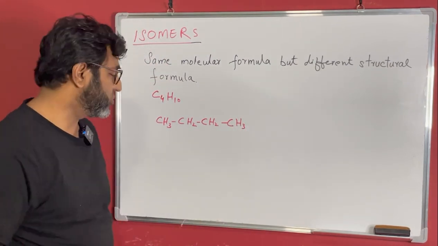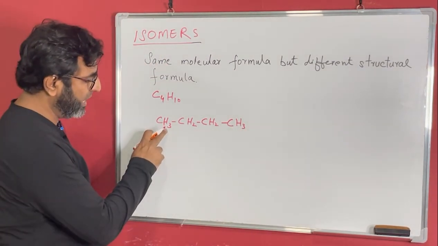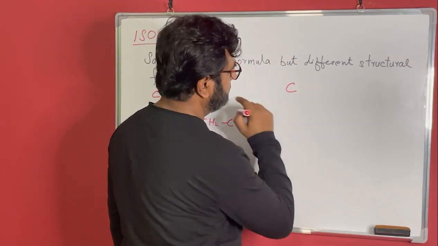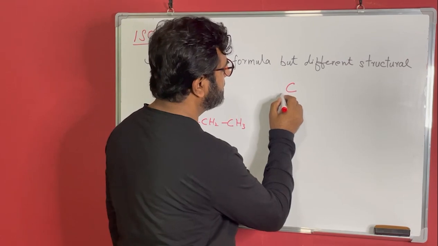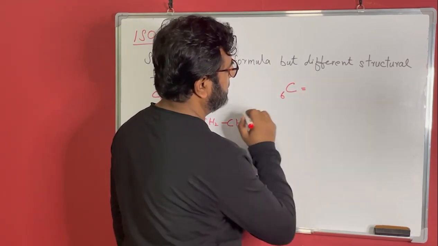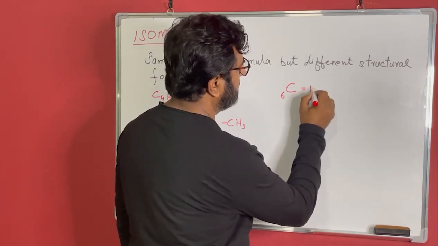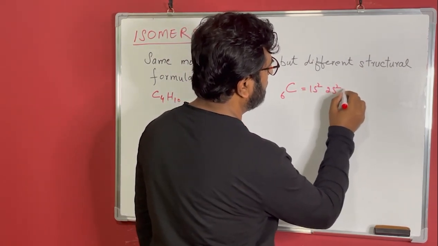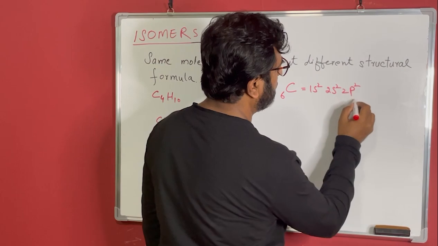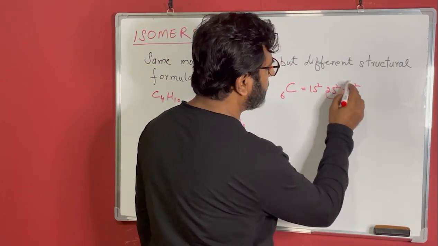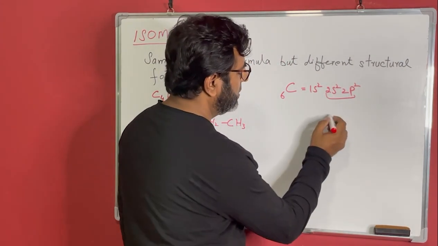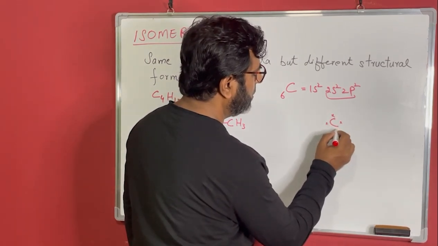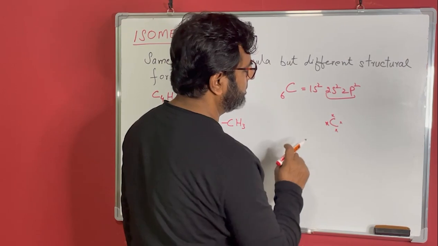You might ask me a question, how come I'm putting 3 H over here and 2 H over here? Carbon, the atomic number of carbon is 6 and it has 1s2, 2s2, 2p2. So there are 4 electrons in the valence shell. So that means carbon can form 4 covalent bonds.